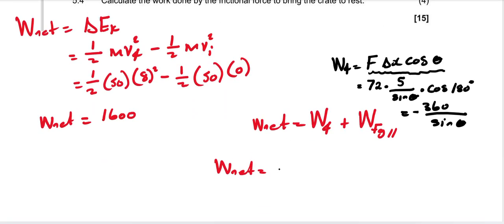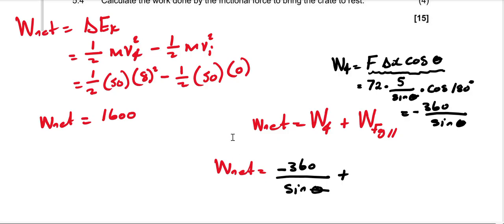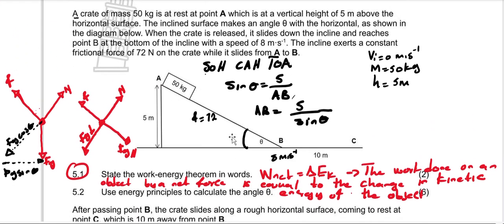Work done by frictional force is negative 360 all over sine of theta. And then we're going to add the work done by FG parallel. Now let's come here and find the work done by FG parallel.